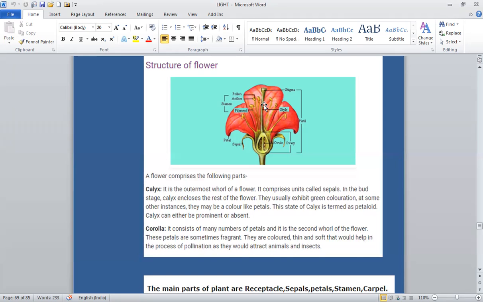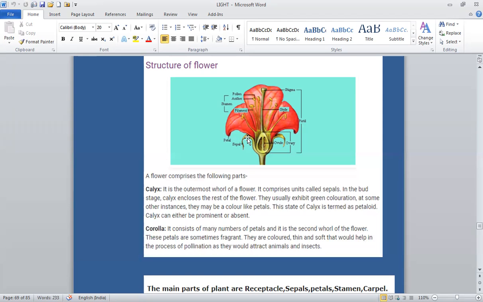Stamens and carpels are essential floral organs. They take part in sexual reproduction. And sepals and petals are accessory or non-essential floral organs.